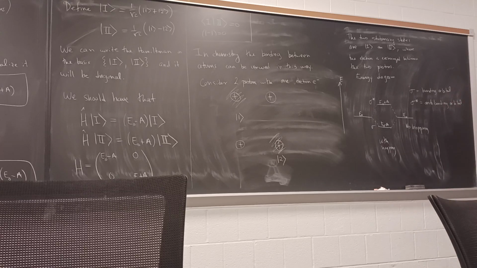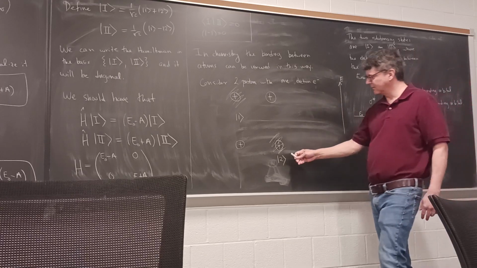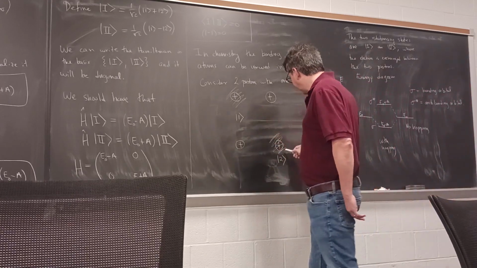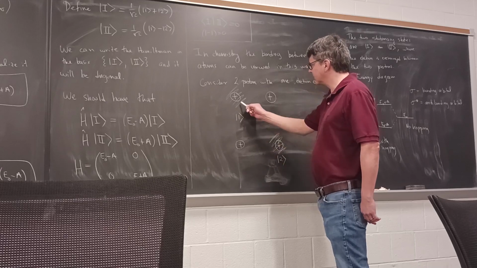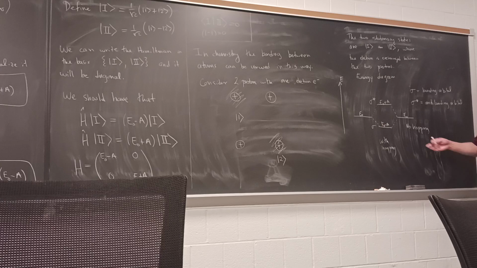This is really one of the major bases of chemistry. This is for two protons. The electrons are in s orbitals, and that's why they use sigma here. So this is proton-proton bonding, or hydrogen bonding, if you want to look at it from that perspective.